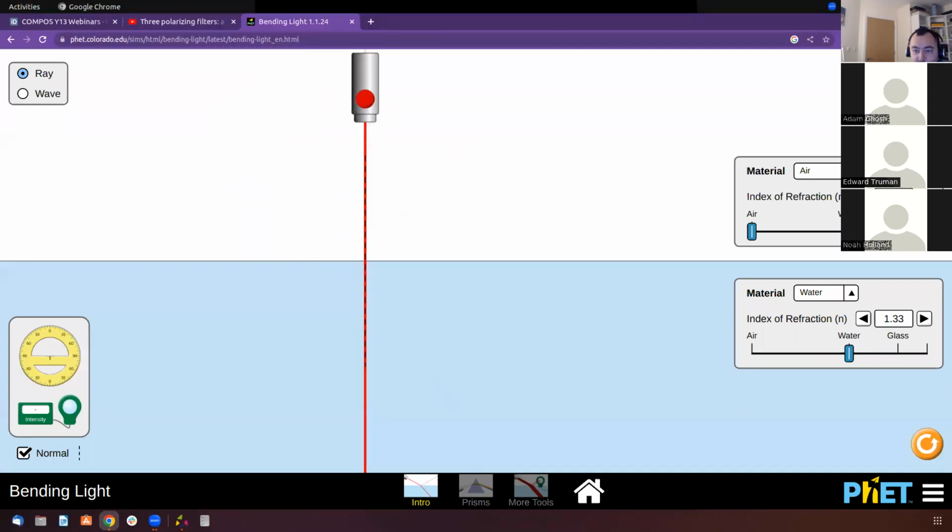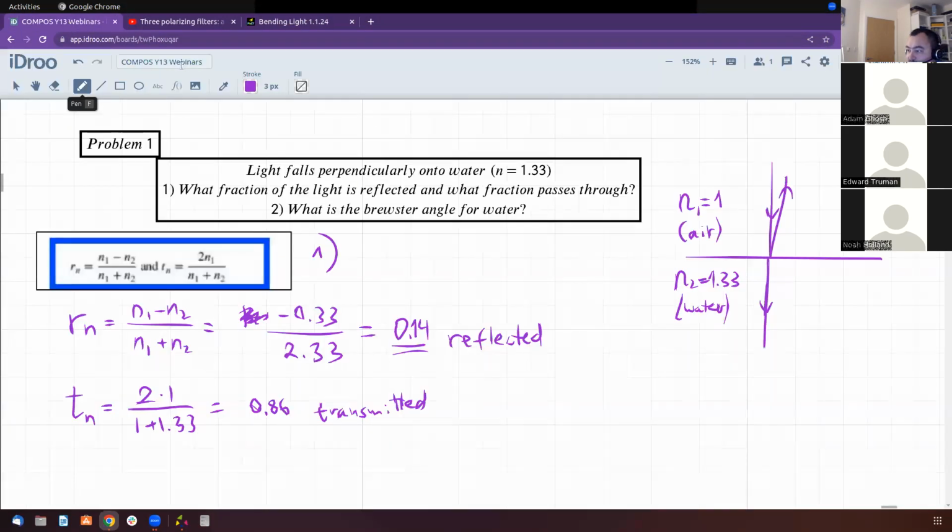We are going from air to water. The intensity of the light that passes through, 97.7. And this is 2.03.